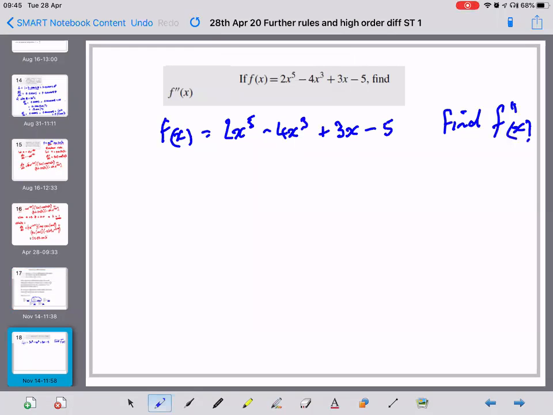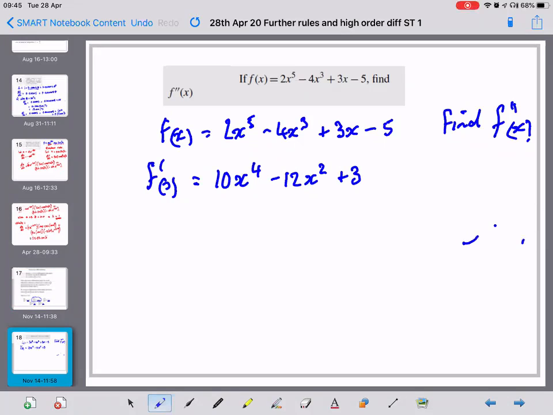So the first thing we can do is say the first differential: we differentiate 2x to the 5, we end up with 2 times 5 is 10, x to the 4, 3 times minus 4 is minus 12, x to the 2, 3 times 1 is 3, x to the 0, so we just leave it off, and differentiate a constant, it disappears.